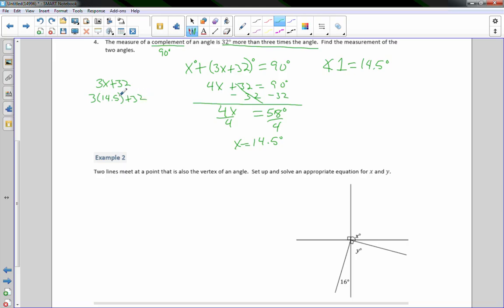So when I multiply that, 5 times 3 is 15, carry the 1, 4 times 3 is 12, plus 1 is 13, carry the 1, 3 times 1 is 3, plus 1 is 4, 43.5 plus 32 is going to be 5, 3 plus 2 is 5, and 4 plus 3 is 7. So angle 2 is going to equal 75.5 degrees.